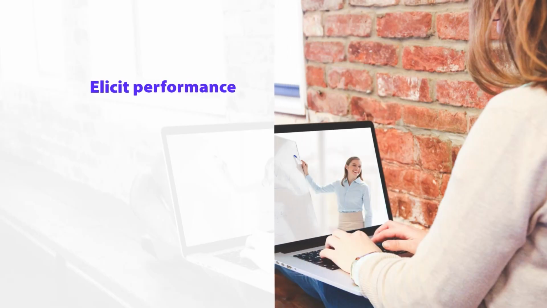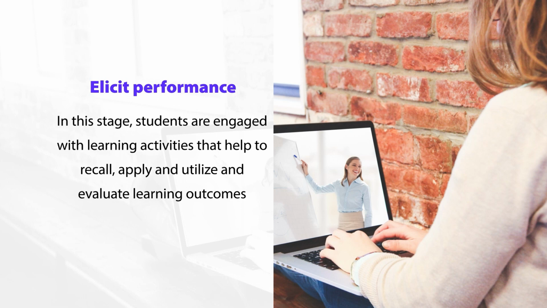The next is elicit performance. What does that mean? In this stage, students are engaged with learning activities that help to recall, apply and utilize the learning outcomes. So the students are showing what they have learned, what they have performed.